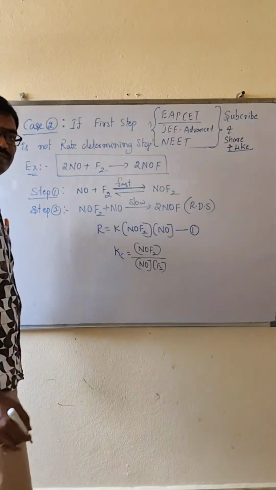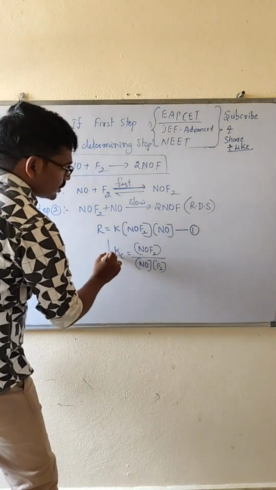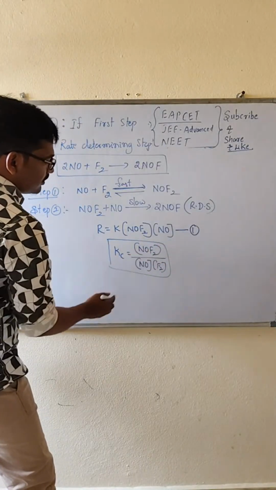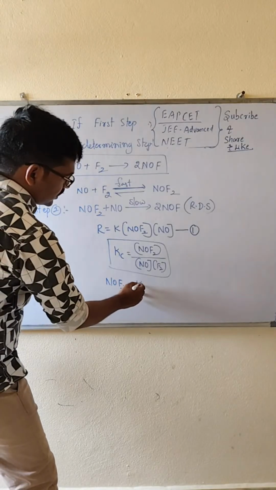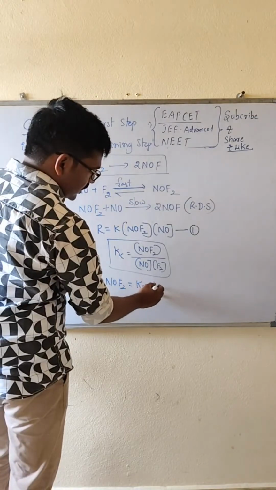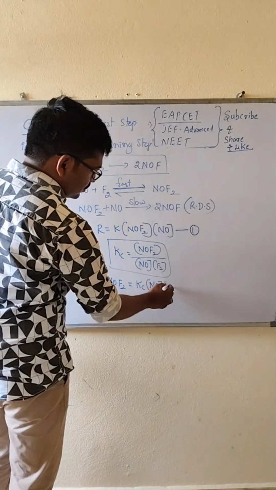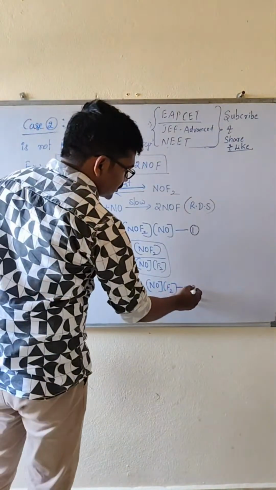We can take it like that. Clear, my dear students? Then from this equation, if we calculate NOF2, NOF2 equals Kc into NO concentration into F2 concentration. Just take this as equation number 2.